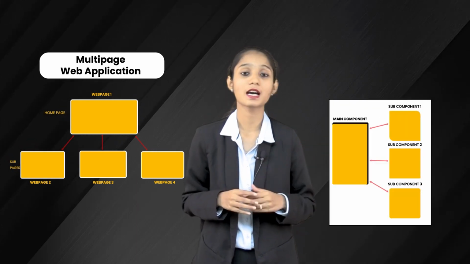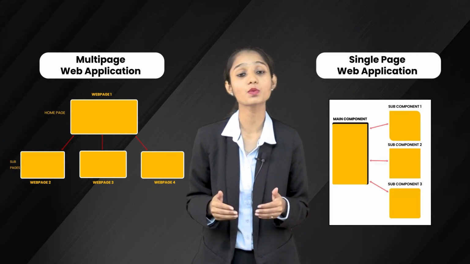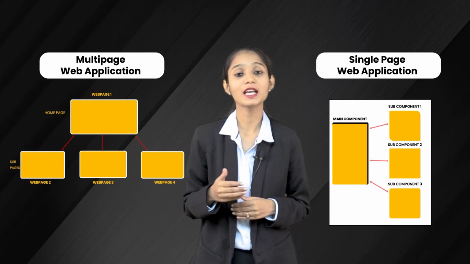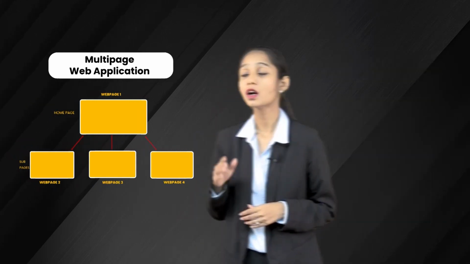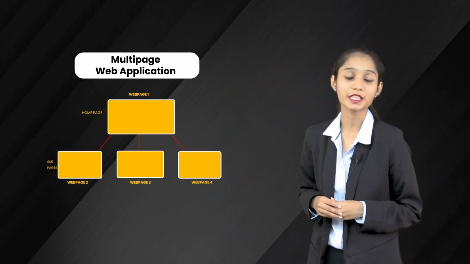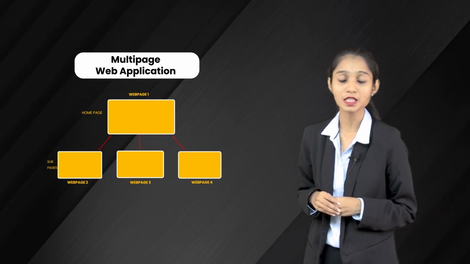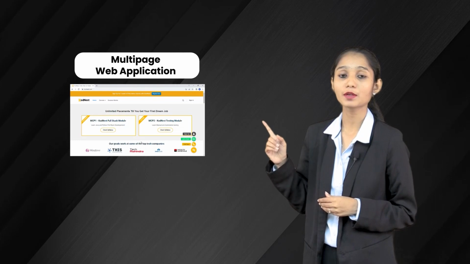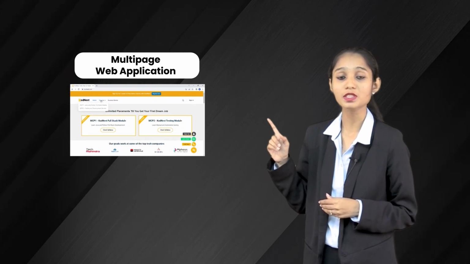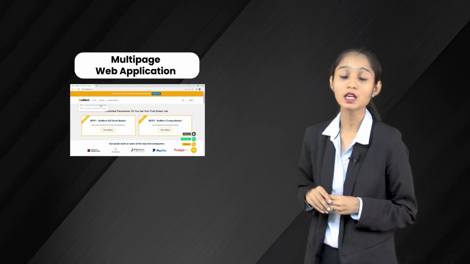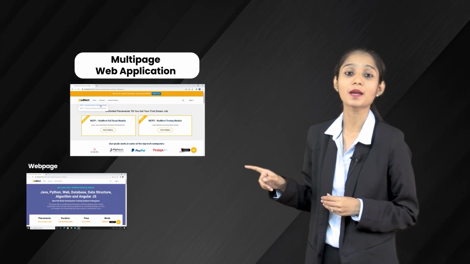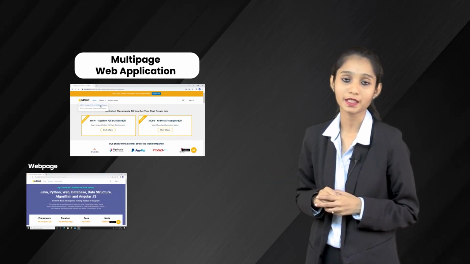So let us see more about multi-page web applications and single page web applications. This is the architecture of the multi-page web applications, and this is the architecture of the single page web applications. In the multi-page web applications, whenever I clicked on the course MCP1, the content related to MCP1 was displaying.